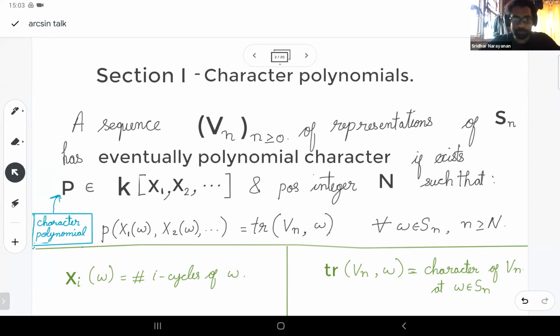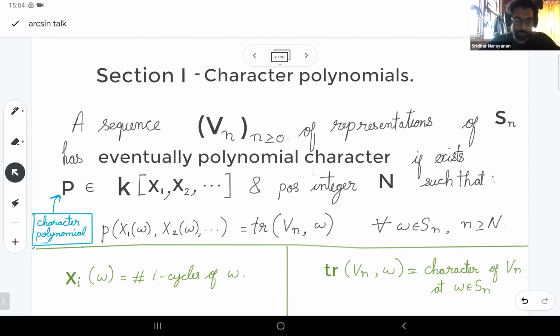Now, consider a sequence V_n, indexed by positive integers, where each V_n is a representation of S_n. So V_1 is a representation of S_1, V_2 is a representation of S_2, etc. Such a sequence is said to have eventually polynomial character if there is a polynomial in the functions X_i such that that polynomial evaluated on a permutation gives the value of the character of the relevant V_n on the permutation.